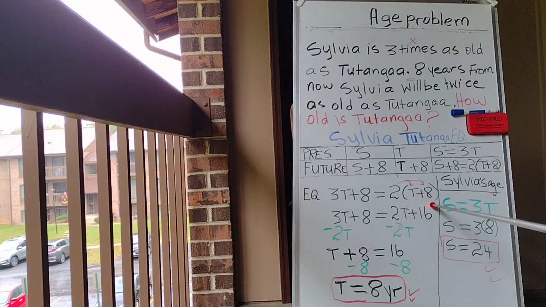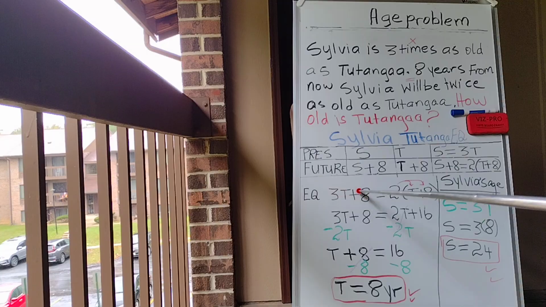Now this is the age of Tutanga. Next, we have to distribute or multiply, since we have a parenthesis right here. So we multiply 2 times t, which is 2t, and then 2 times 8, which is 16.